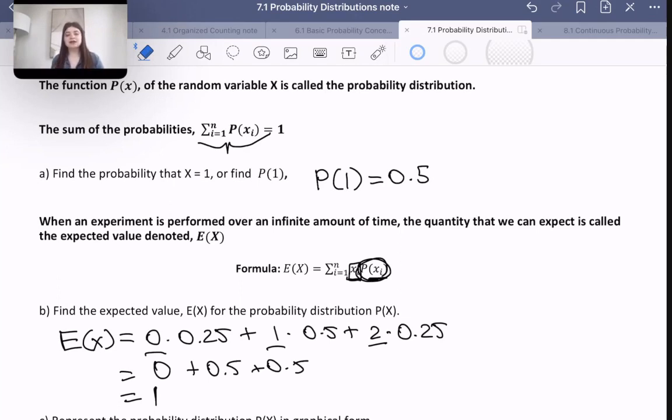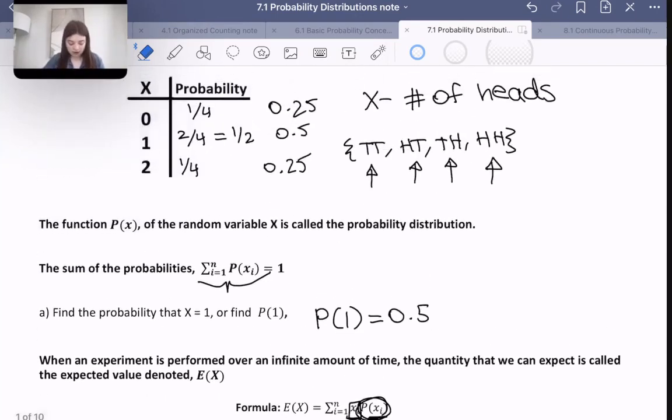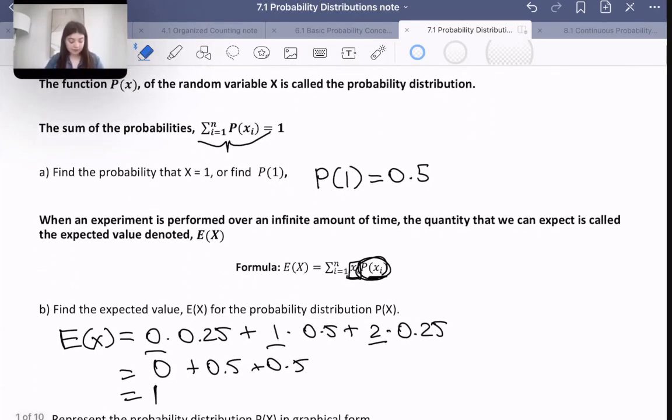Now, something else I want to note with expected value: it doesn't necessarily have to be a value that's possible. So let's say we got 1.5, for example. Even though it's not possible to flip heads 1.5 times, and that's not the correct answer in this scenario, 1.5 could be an answer in some scenarios regarding flipping our coins or rolling our dice or things like that.